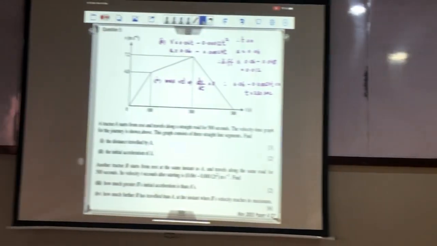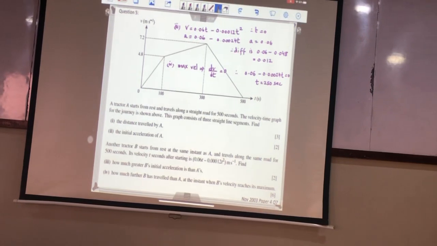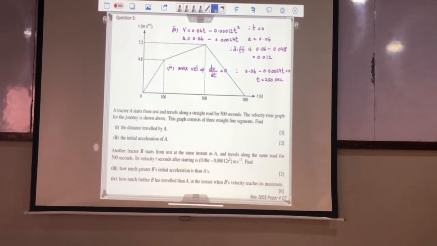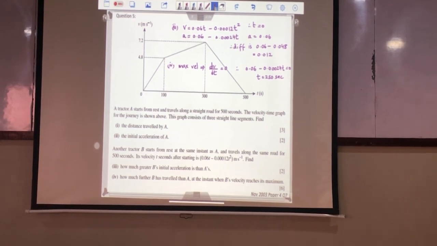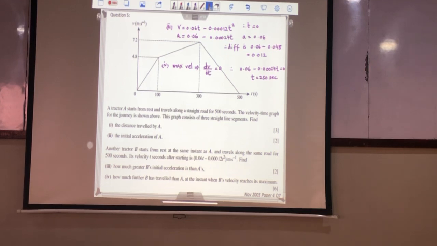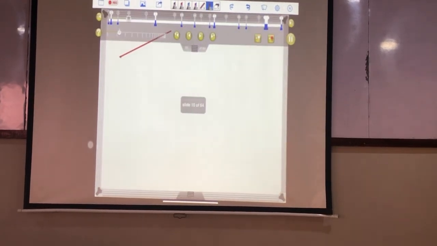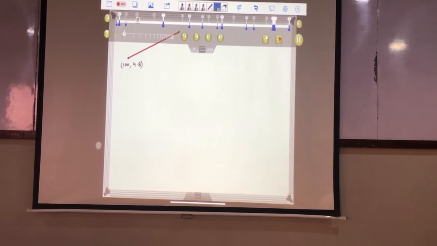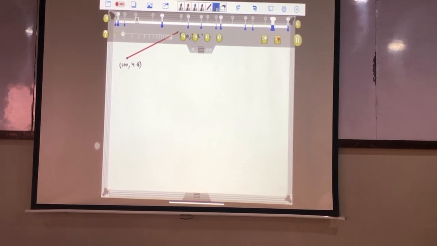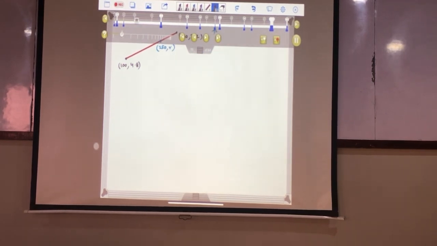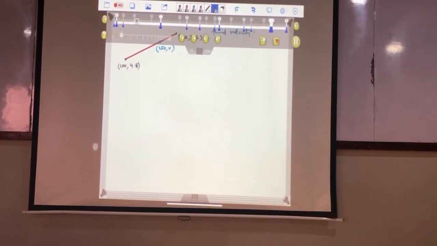Have a look at the board. For maximum velocity, dv by dt equals 0. In other words, acceleration equals 0. You find the value of acceleration, you find the value of time to be 250 seconds. That means now you calculate the velocity when time equals 250. You can use the concept of collinear points, points lying on the same straight line.